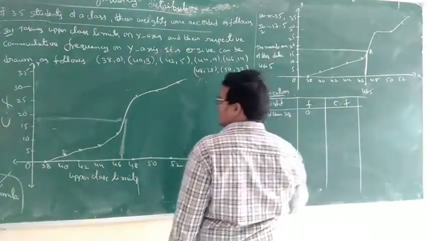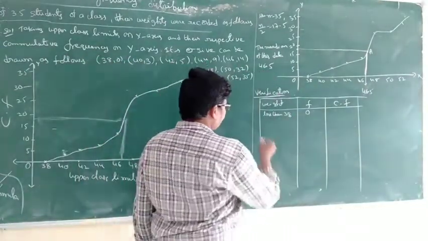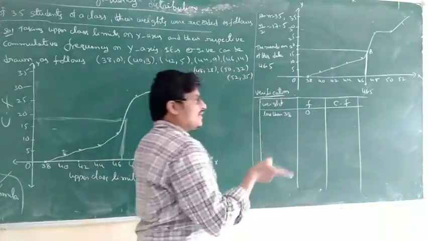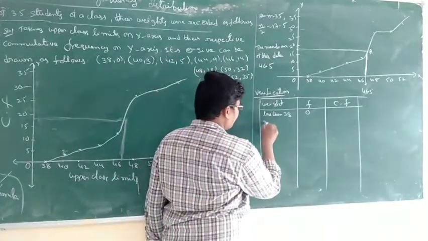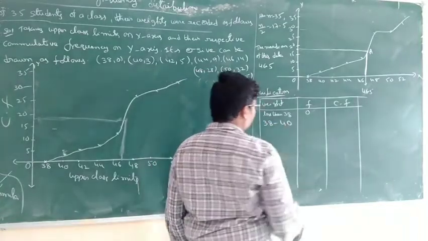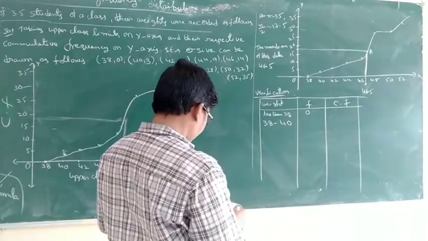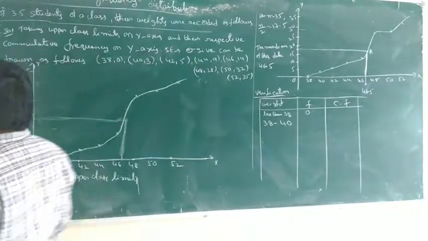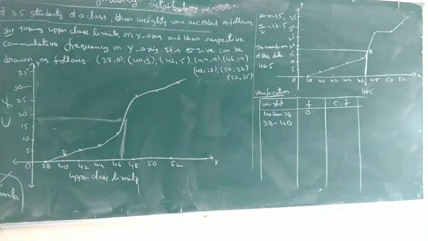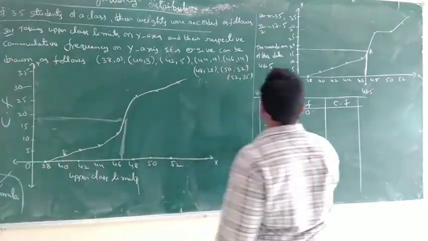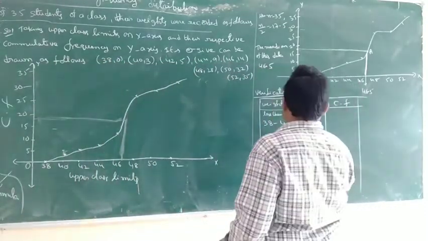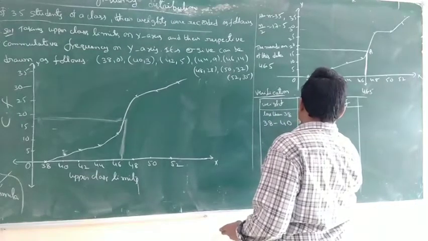Less than 38, how much? 0. Less than 40 means 38 to 40, so less than 38 plus 38 to 40. Only 38 to 40, so 3 minus 0 is equal to 3.